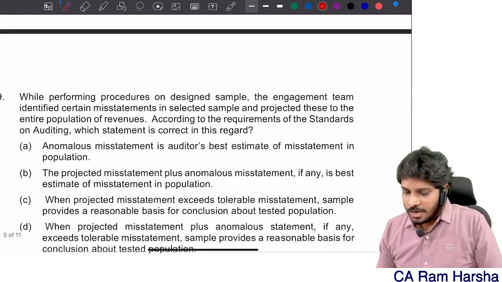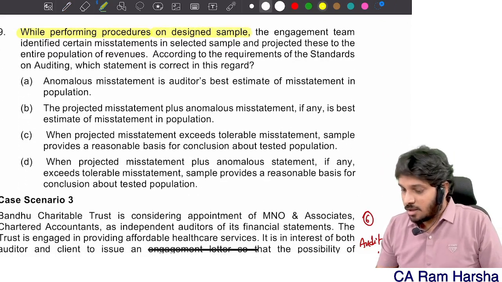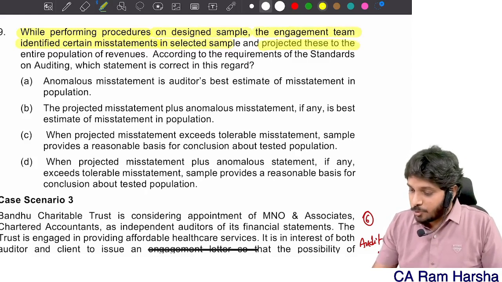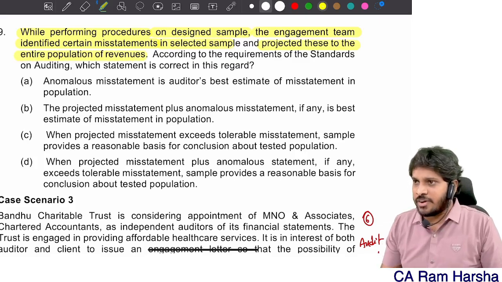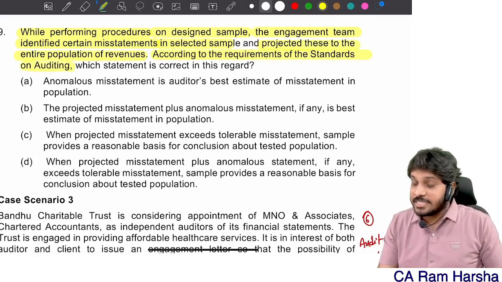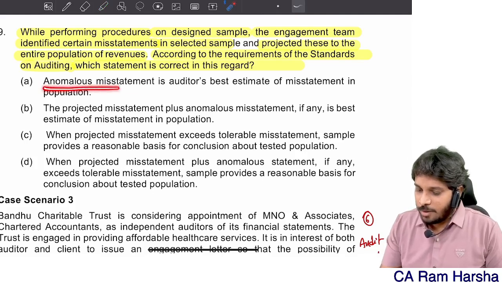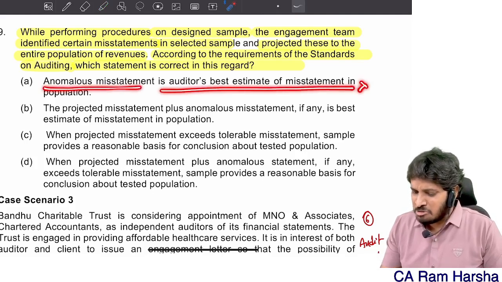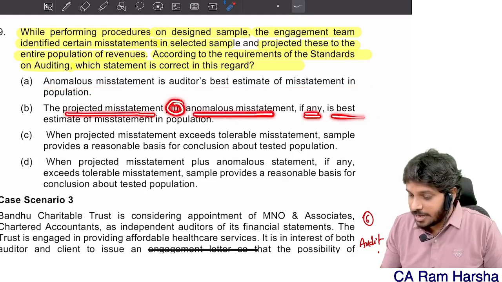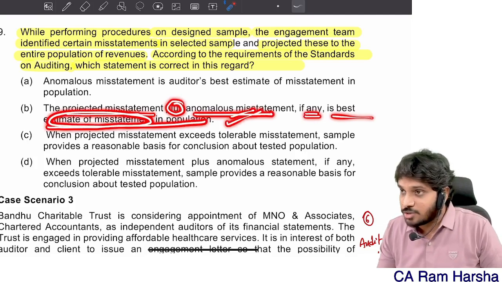Clear? Next. While performing procedures on the designed sample, the engagement team identified certain misstatements in the selected sample and projected these to the entire population of revenues. Okay, what they're doing is correct only, according to the requirement of SA 530. Which statement is correct? Anomalous misstatement is the auditor's best estimate? No. The projected misstatement plus anomalous misstatement, if any, is the best estimate of total misstatement in the population, which is actually correct.